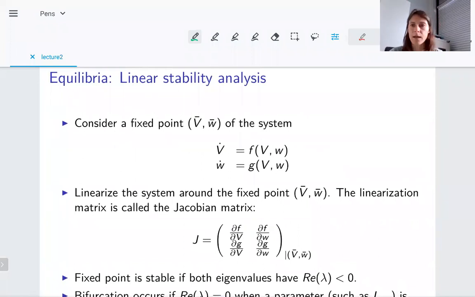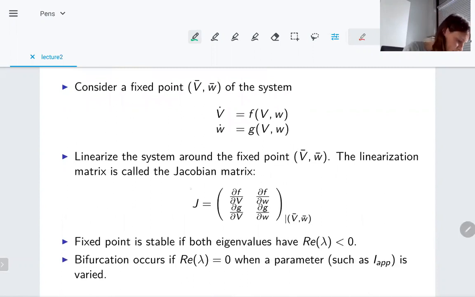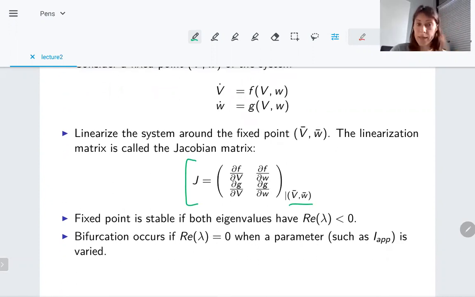Again, with the nullclines, we could see that where both nullclines intersect is where we have the equilibrium point. But then if we want to know the stability of this equilibrium, basically what we need to do is compute the Jacobian matrix, evaluate it at the equilibrium point, and then look at the eigenvalues of this Jacobian matrix. In this case we are in 2 dimensions, so if both eigenvalues have a real part which is negative, we say that the equilibrium is stable, while if one of them is positive, the equilibrium is unstable.